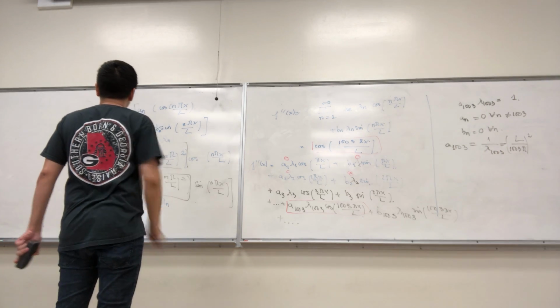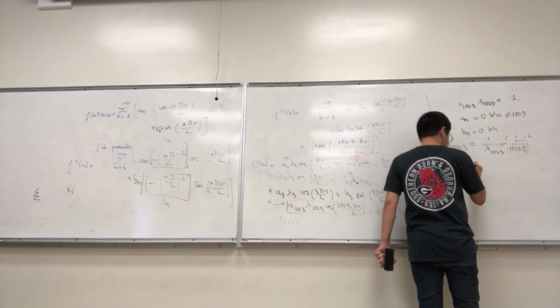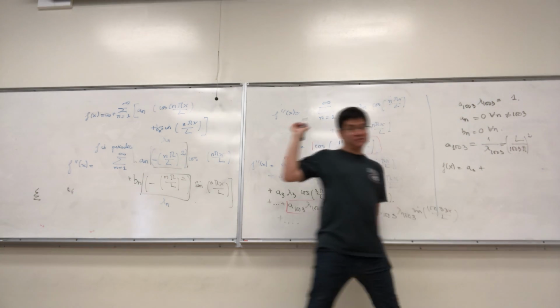Now I'm going to look back into the formula. The f will have a0, of course, because we haven't touched a0, it's always there.